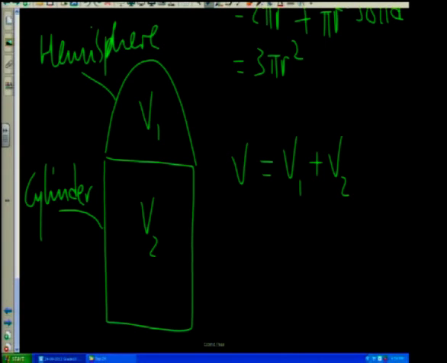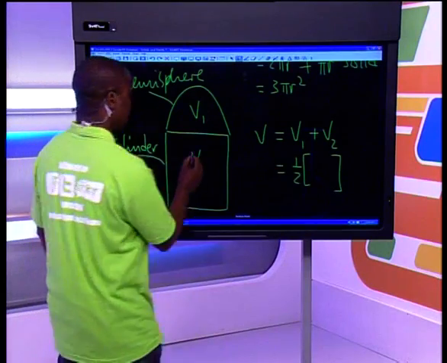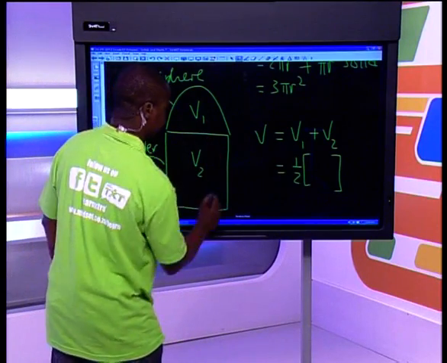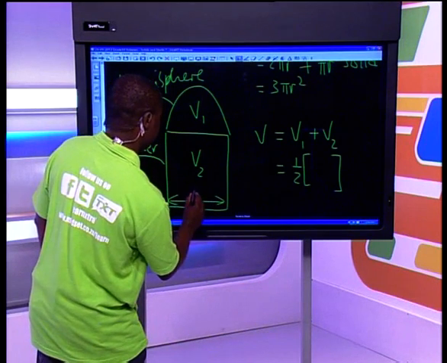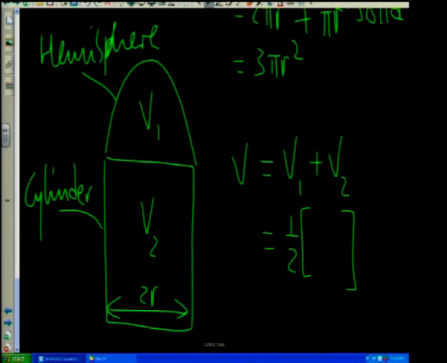Volume 1, in this case, we've already worked it out, but let me just take it from here. It's half of the volume of a sphere. If this dimension was, let's say, 2r, just to be consistent here, and this was just h.